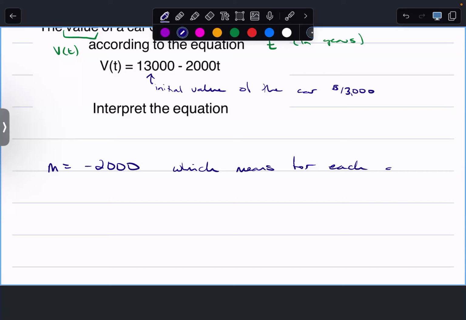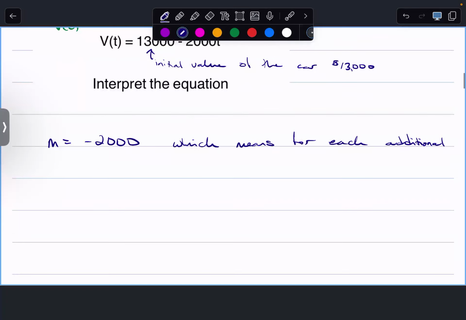So for each additional t, the value will decrease by $2,000. It's negative 2,000, but when I said decrease, that takes into account the negative.